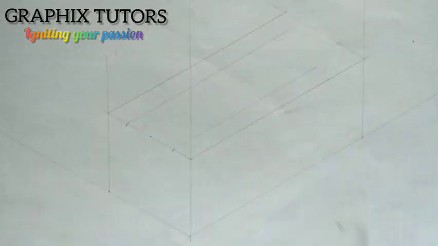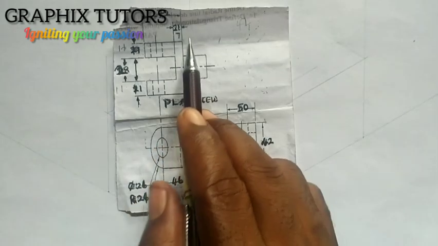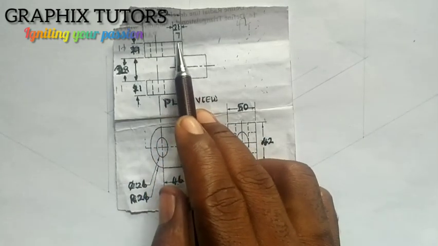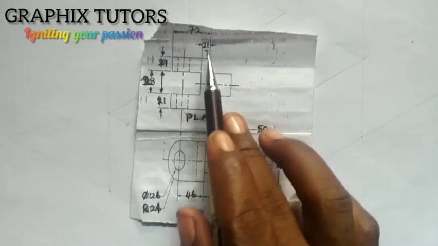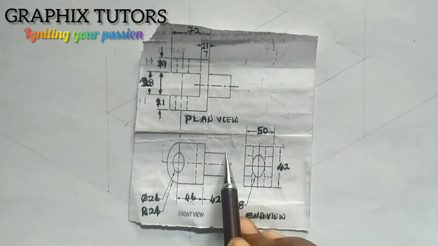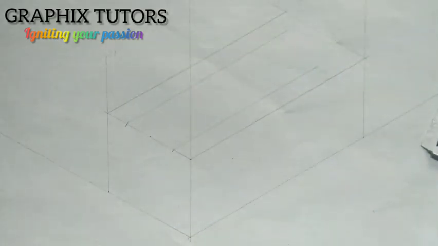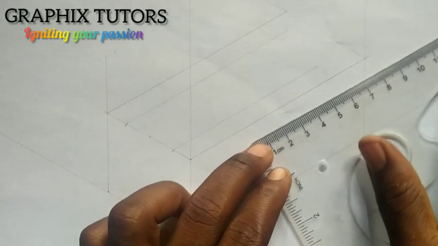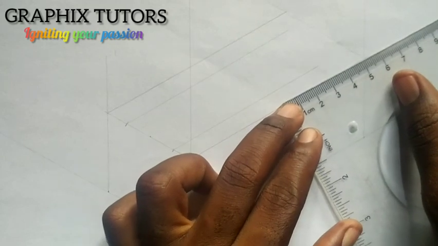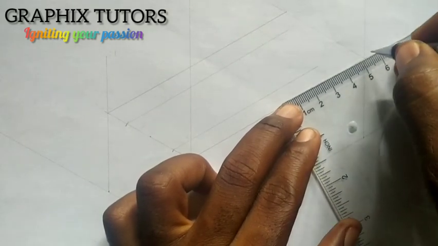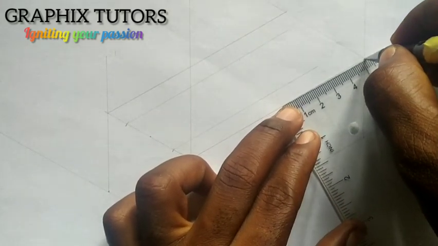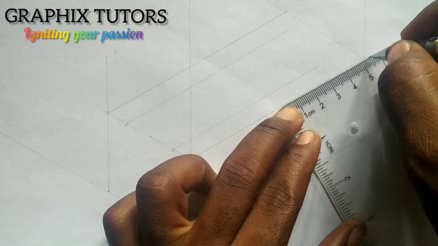Now if you look at this very well, the thickness from here to here is 7, right? But how would I get this line here? From here to here is from here to here, and that is 42. So I'll measure 42 from behind, which is here. So I'm measuring 42 from here, right?